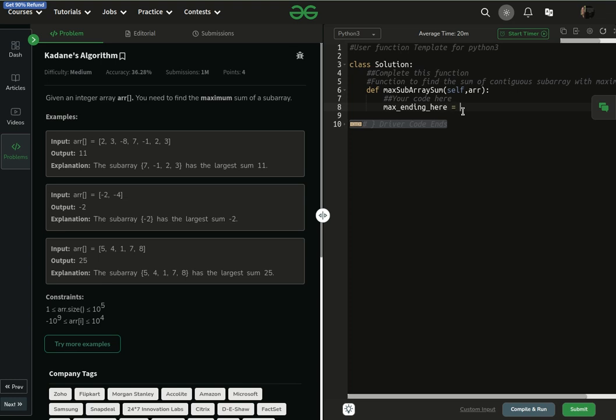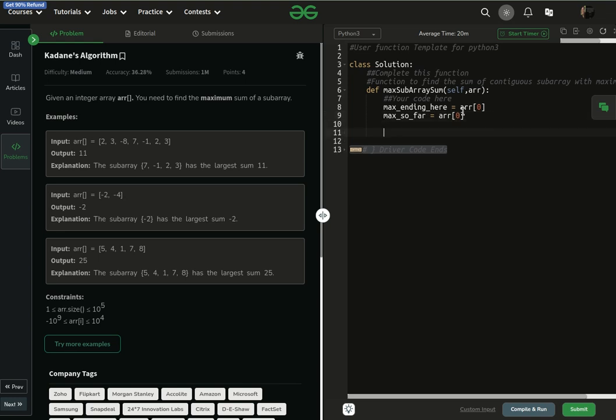First we will consider our first element as our maximum subarray, and max so far, again we'll consider this the maximum subarray, right?